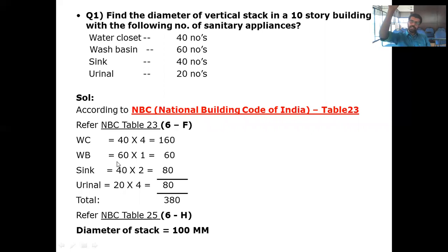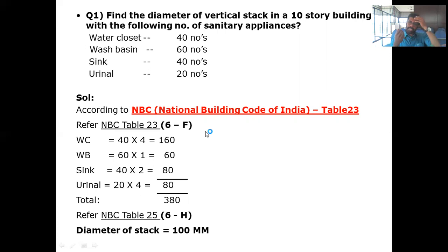So this is mainly depending upon the stack. Now from individual fixtures, from water closet, wash basin, sink, all those things, the diameter of the pipe will be the minimum diameter, correct? From water closet it will be 100, wash basin it will be 32, sink it will be 40. That is the normal pipe diameter. You don't have to calculate it.